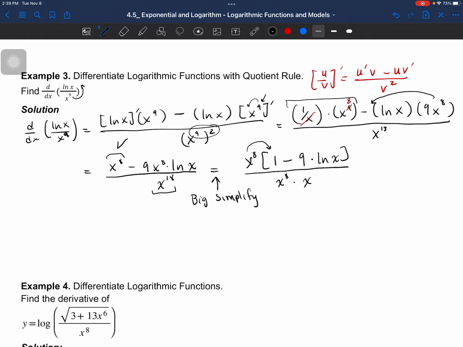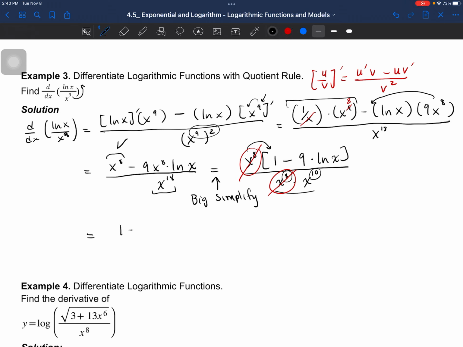In the denominator, we'll do the same thing. We're going to say, can we describe this as a product with a factor of x to the 8th, meaning can you come up with something here so that you can factor out the x to the 8th? And yes, we can. All we gotta do is remember that when we multiply variables, you add their powers, right? So that would give you back the x to the 18th.